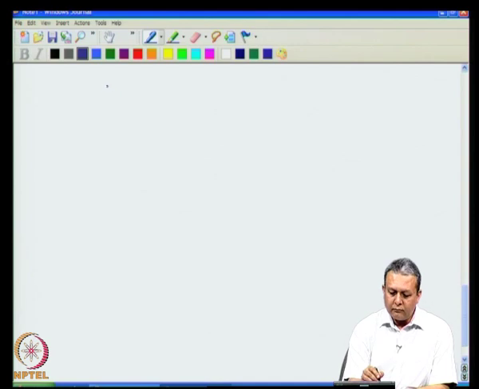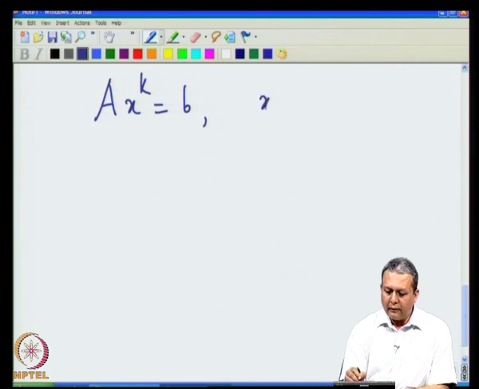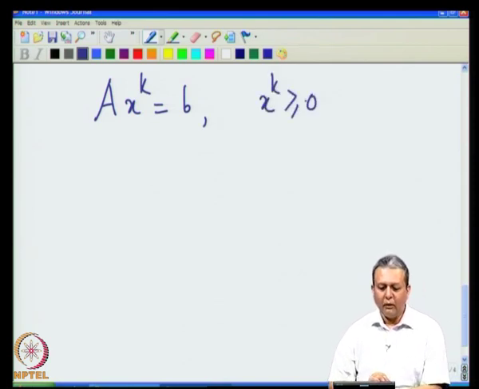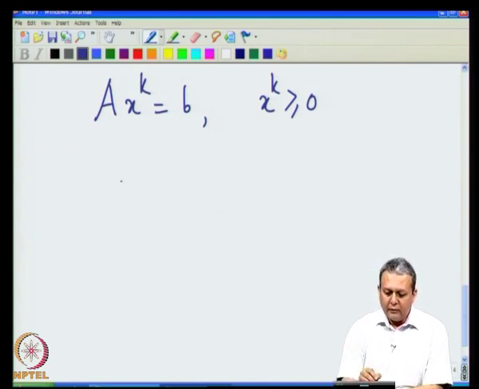So, we have A x_k equal to b and x_k greater than or equal to 0. Now, suppose we want to move along the direction d. So, let us assume that x_{k+1} is x_k plus d.